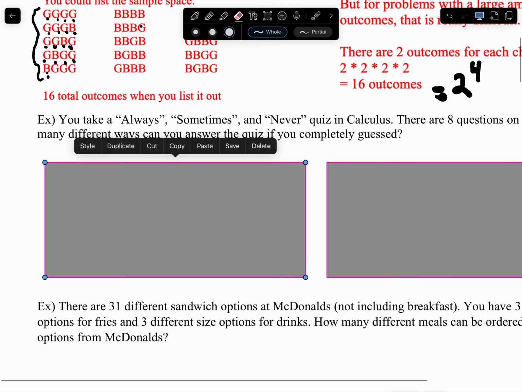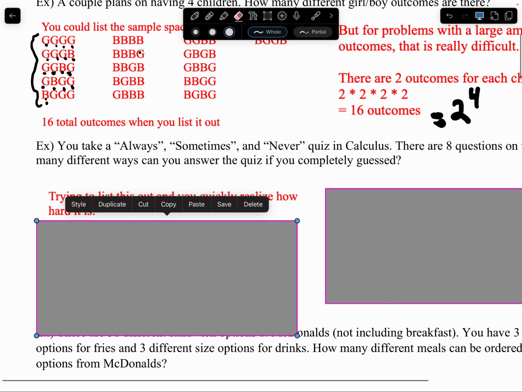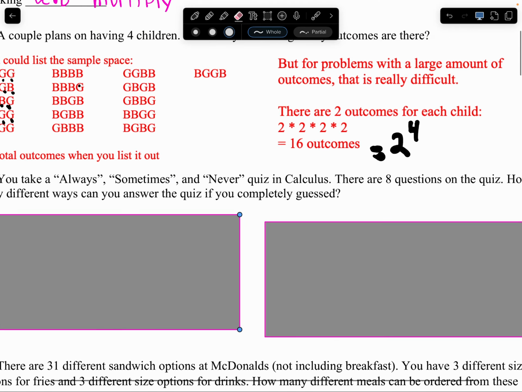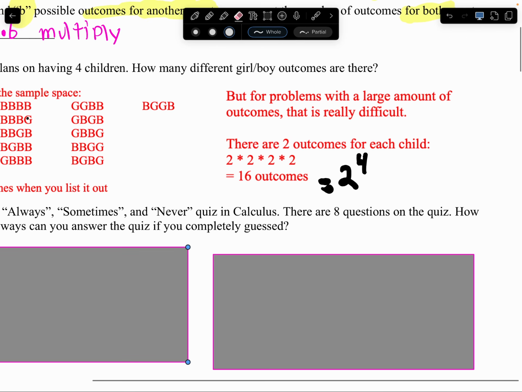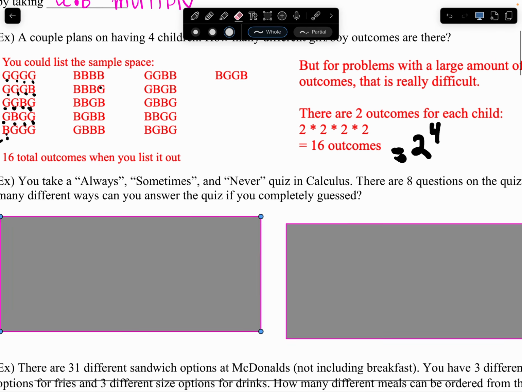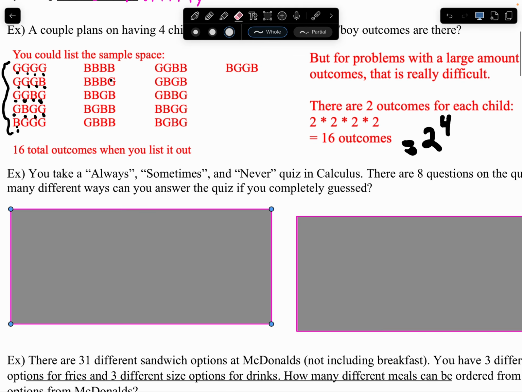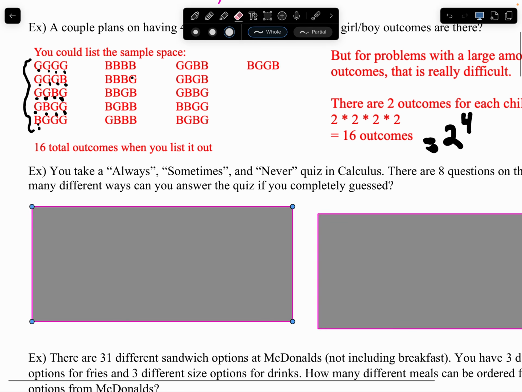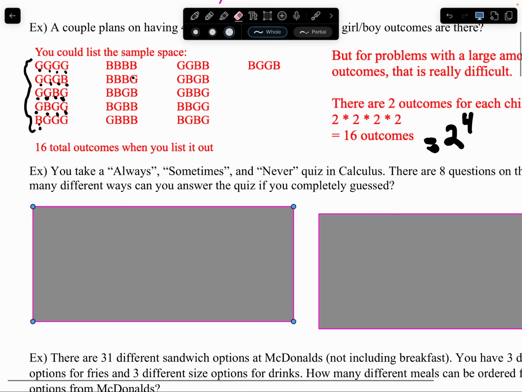Okay, how about if you have a calculus test and you could answer always, sometimes, or never, and there are 8 questions. How many different ways can you answer the quiz altogether, if you completely guessed everything? How many different possibilities are there? Well, there's 3 possibilities for the first answer, 3 possibilities for the second answer.